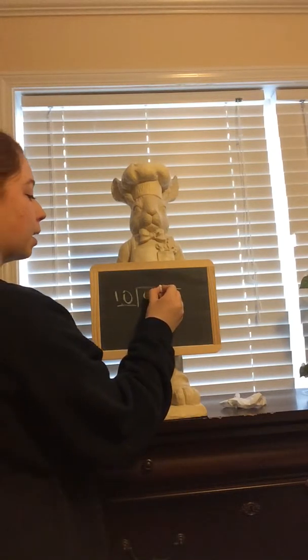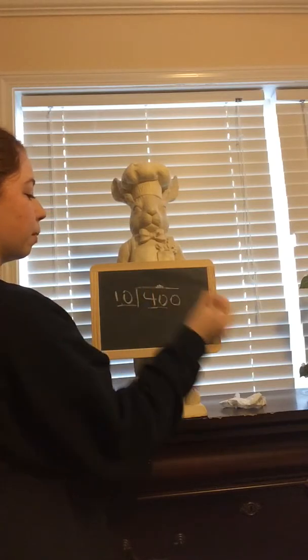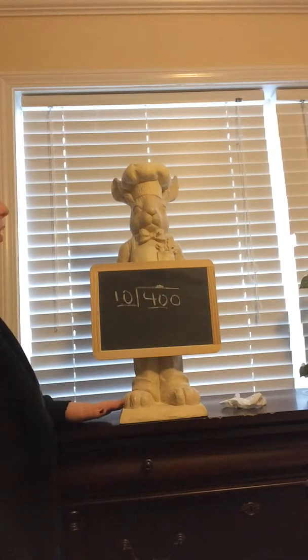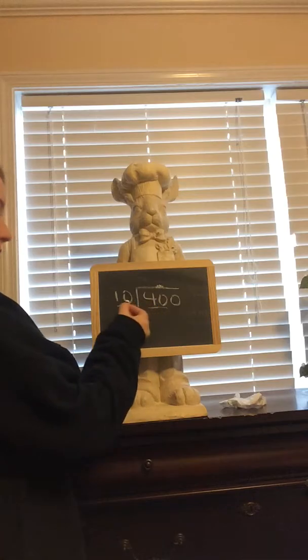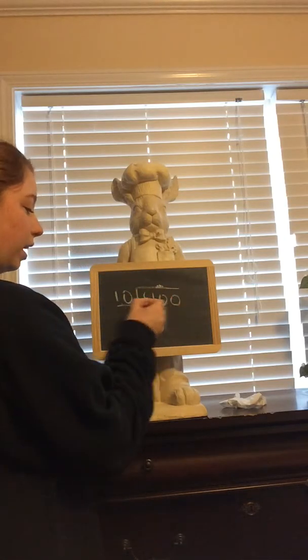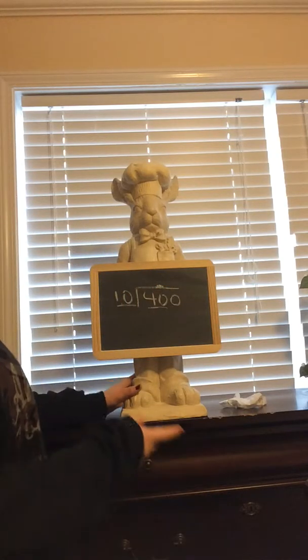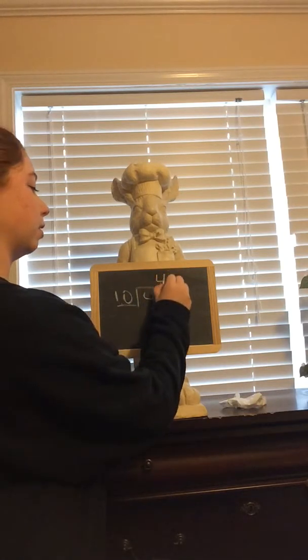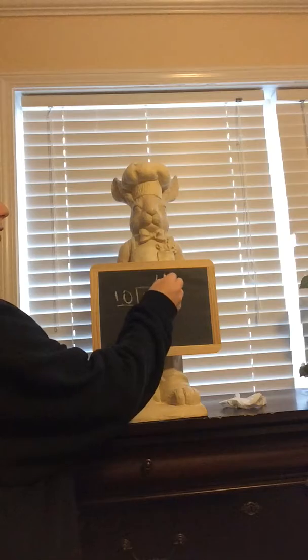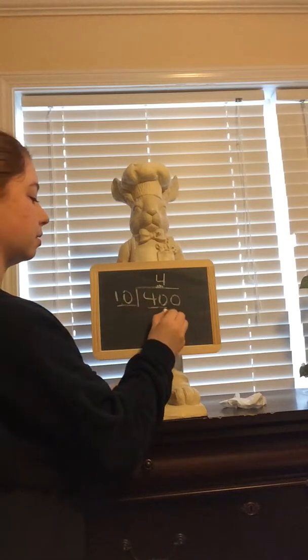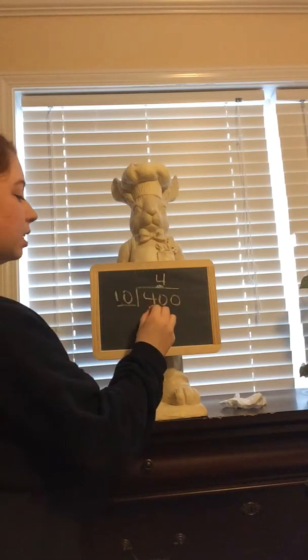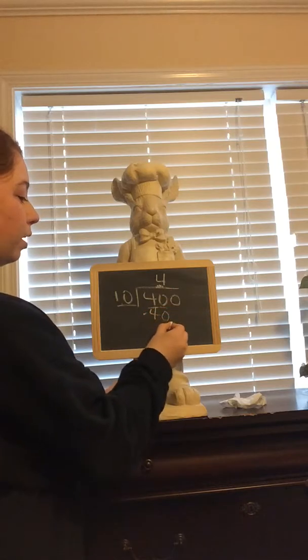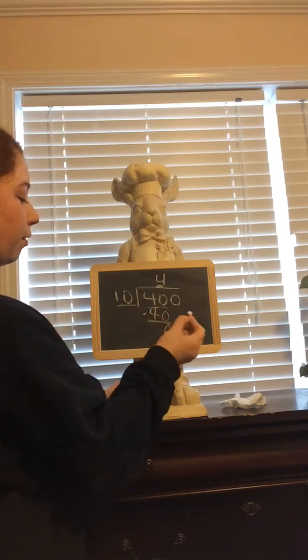So we need to make a mark right here so we know where to put our number, because we are not dividing 4 into 10. We're dividing 40 into 10. How many times can 40 go into 10? 4. 4 times 0 is 0. 4 times 1 is 4. 40 minus 40 is 0.